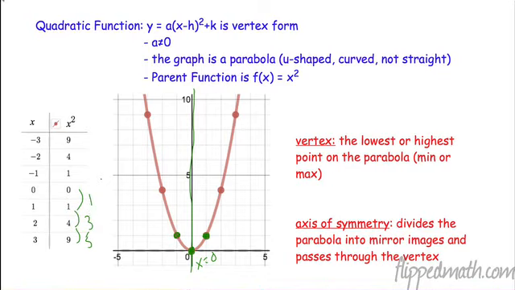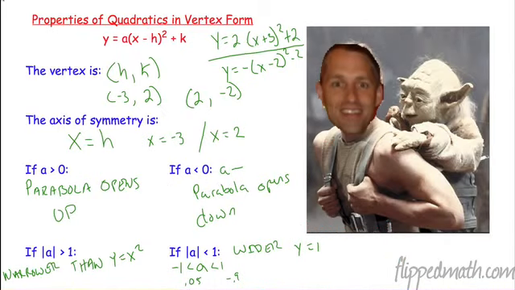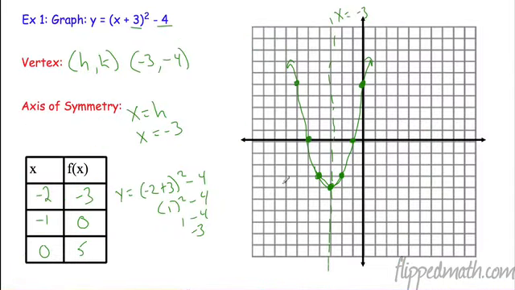Let's see another one. We had x plus 3 squared minus 4. So our very first point was negative 3, negative 4. And then it went up 1, up 3, up 5. 1, 3, 5.